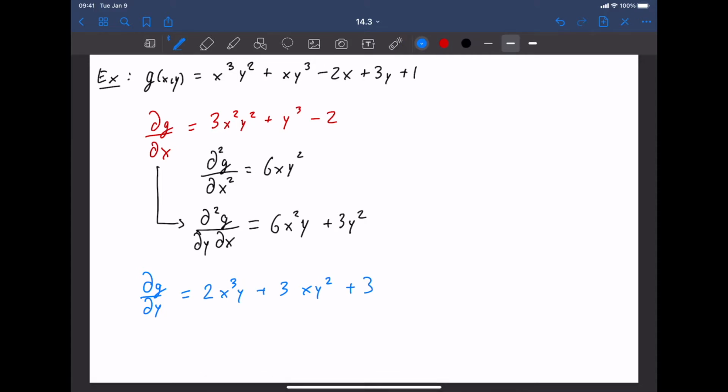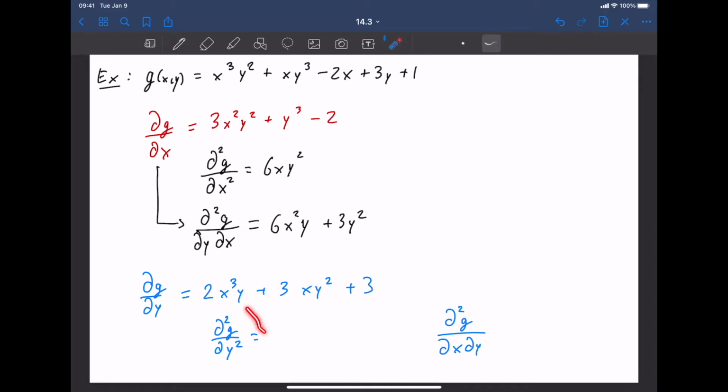For this one, we're going to find both d squared g, dy squared. And we're going to find, I'll just do it over here, d squared g, dx, dy. Okay, I just want to be really clear how it goes.